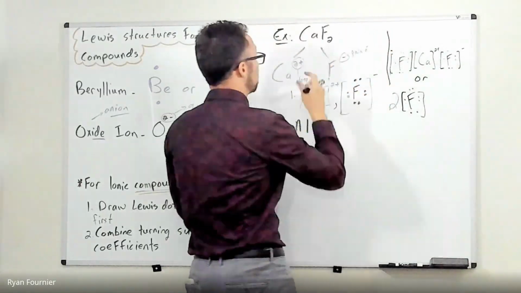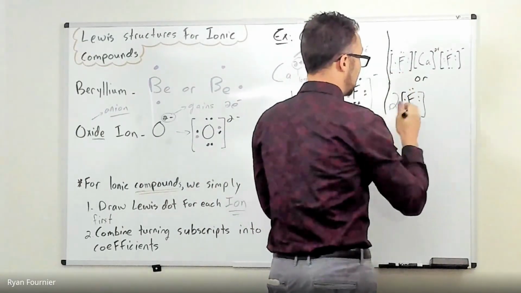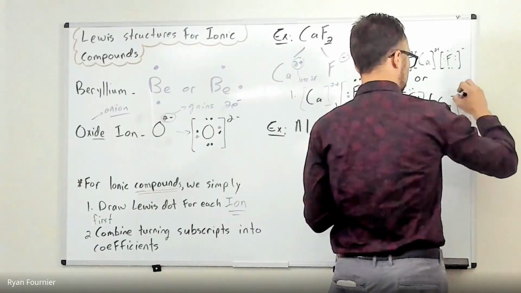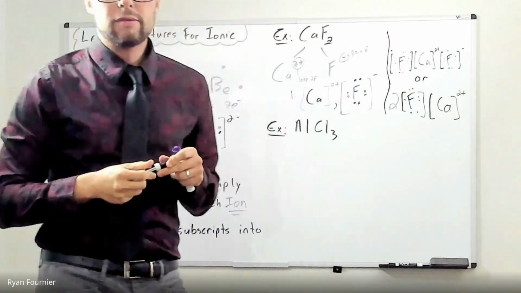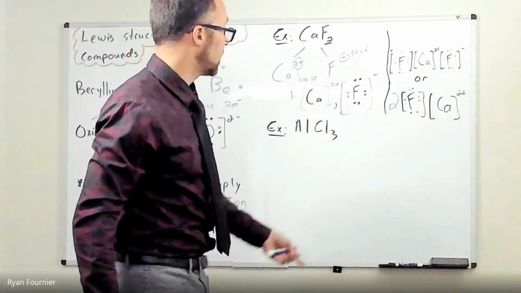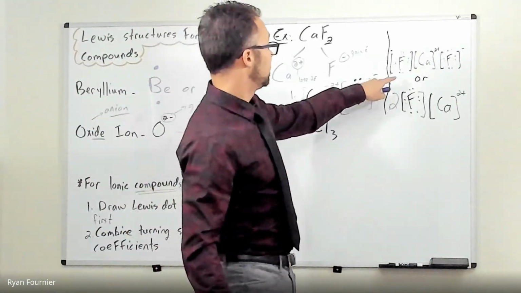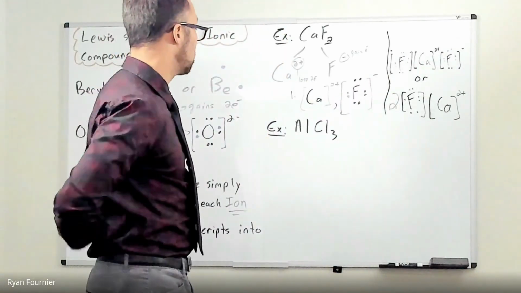Because of that subscript. Okay, and then they draw the calcium ion next to it. Both are fine. If you see another video where they're doing it like this, that's totally fine. If you see another video where they're going like this, again, both of them work. They both say the same thing.